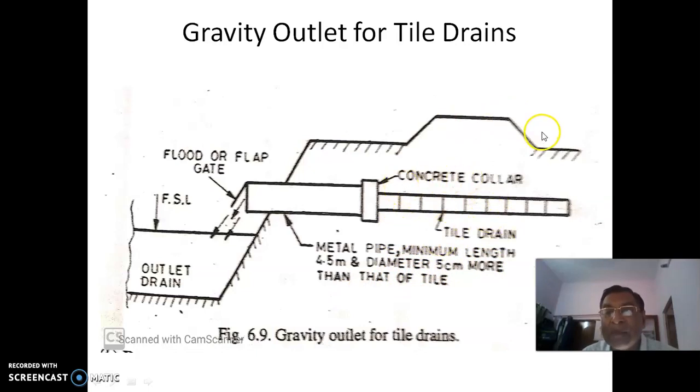Now what is happening is you are having a pervious pipe, and the water is simply percolated to this, and then this entire water flows by gravity, and this is an outlet drain. It will be dropping here. So there is a flood or flap gate here, and this is an outlet drain. So this entire excess water will be drained out like this.